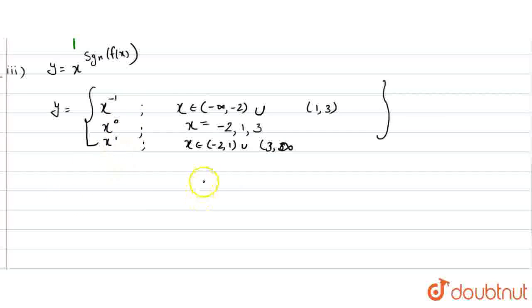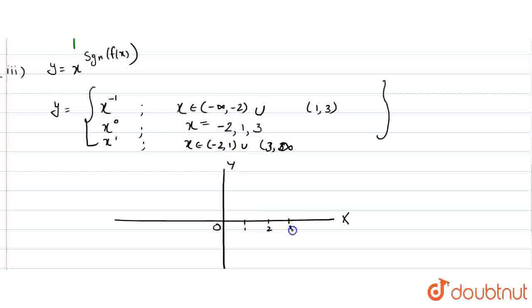Now how to draw its graph? Let this be the y-axis and this be the x-axis. Now we draw these points 0, 1, 2, 3, 4, and here are -1, -2, -3, -4.